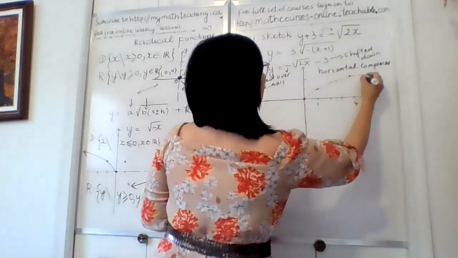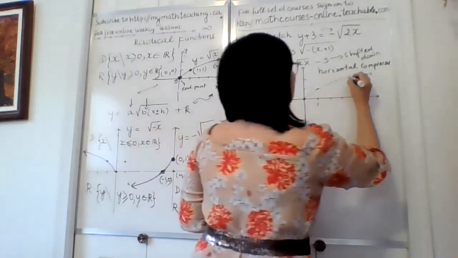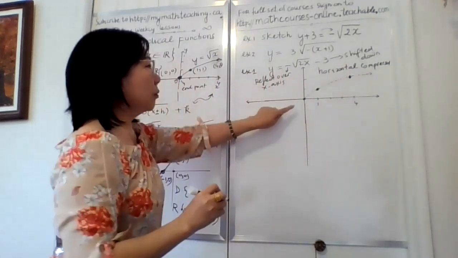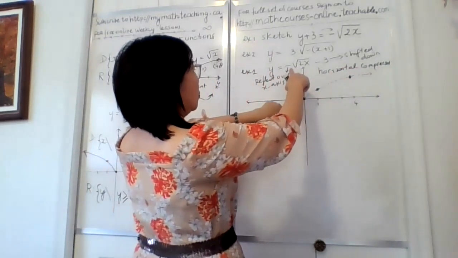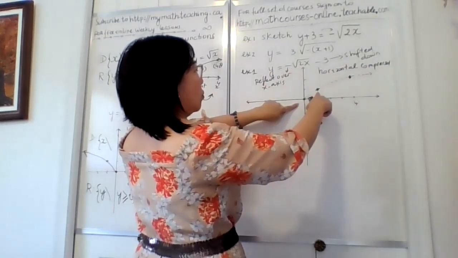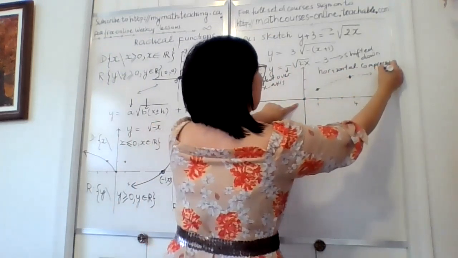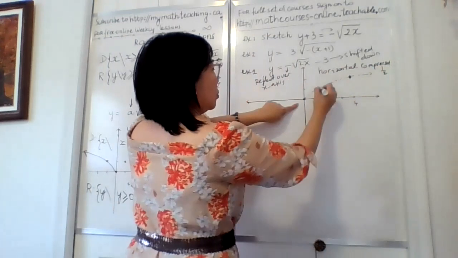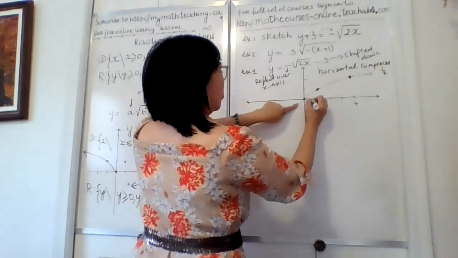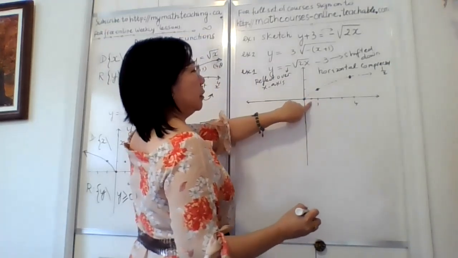So let's put the dotted line for the basic one. This is not the real sketching, right? We just want to use these base points to shape it. So now we say we have to shrink this x by 1/2, right? Horizontal compression by 1/2. So if x is 1, it becomes 0.5, right? Half of it.